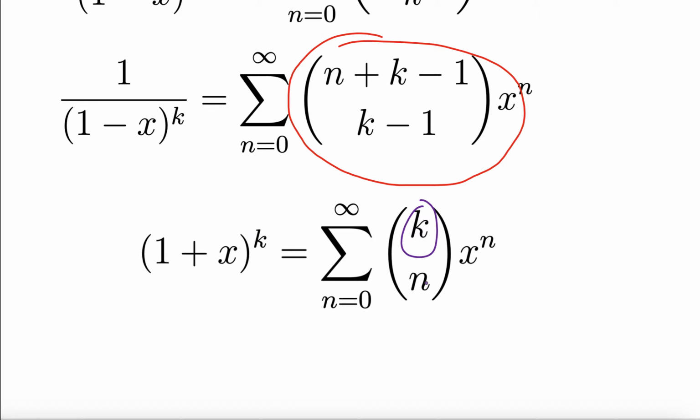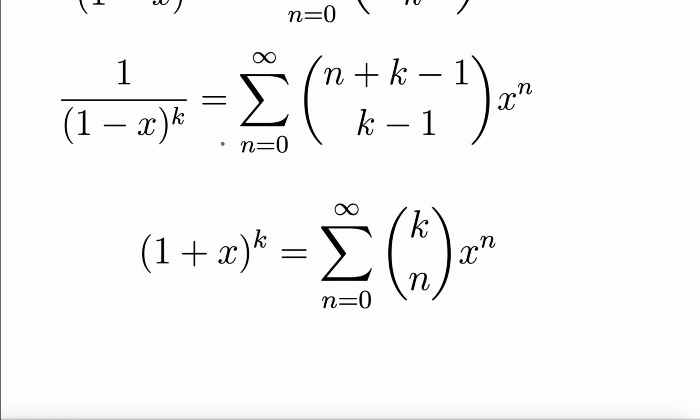So you see that the n term here, which is dependent on the summation, is going to be the denominator-ish. It's not really a denominator, but we can call it the denominator of the combination, while it's the numerator in this term. But there are similarities here.